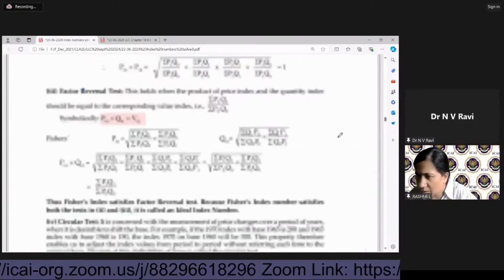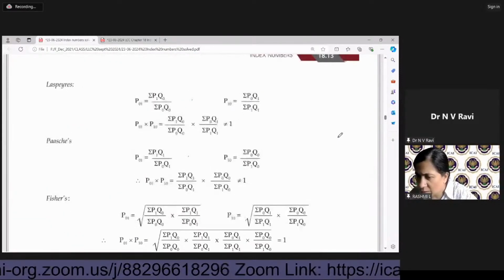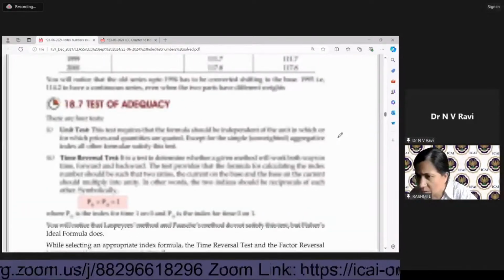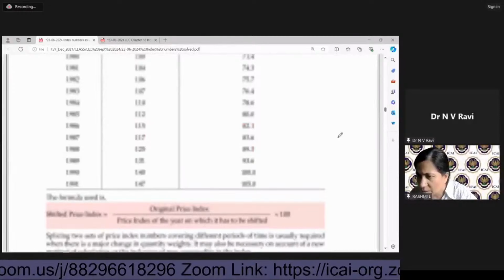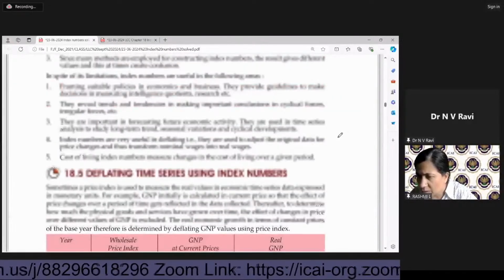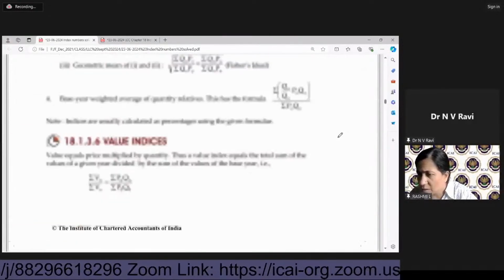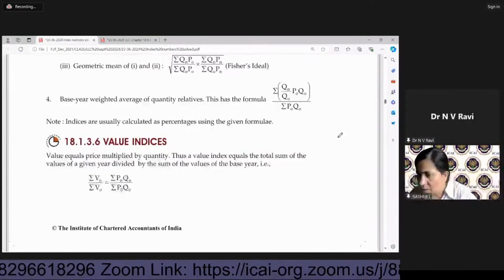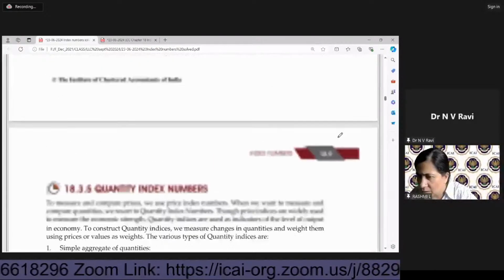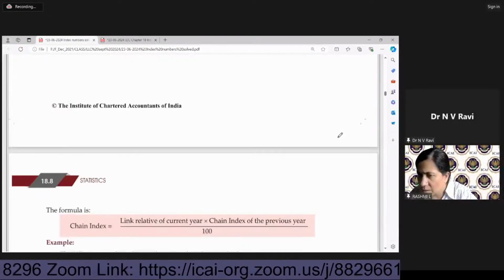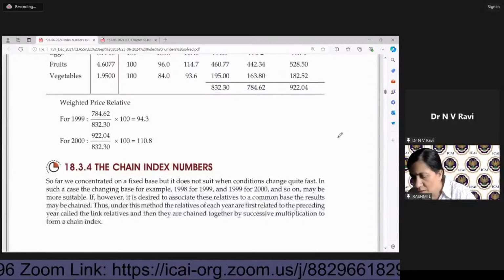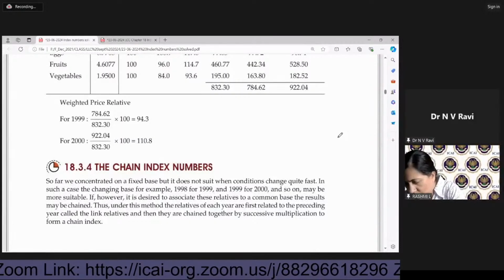What is the formula for Marshall-Edgeworth index number? L plus P by 2, the average of Laspeyres and Paasche index numbers. From this, you can find it. Suppose the Marshall-Edgeworth index number is 150, then L plus P value is 300.